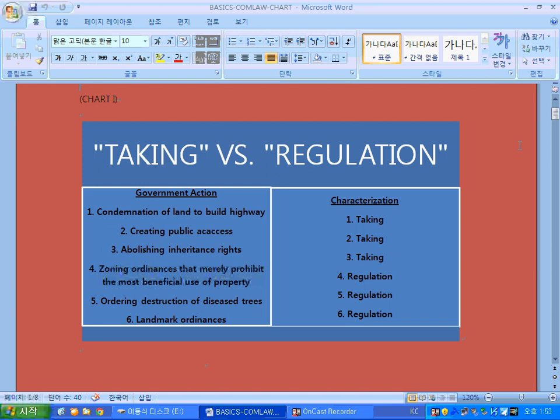There is an express constitutional limitation on the exercise by Congress of this power. The Fifth Amendment states, "Nor shall private property be taken for public use without just compensation." The requirement that just compensation be paid is likewise a constitutional limitation incorporated into the 14th Amendment and applied to the states.